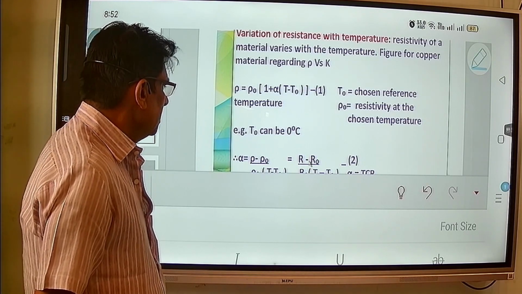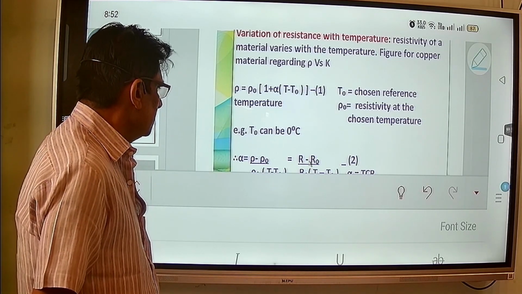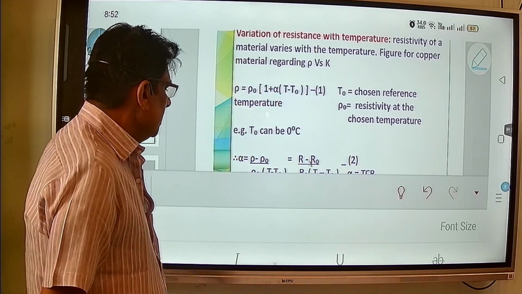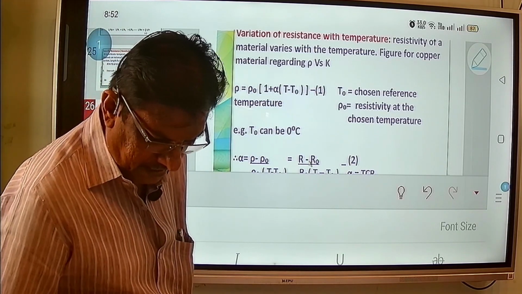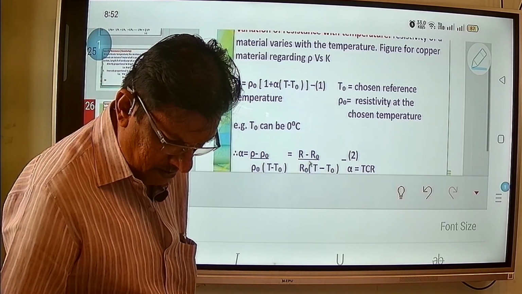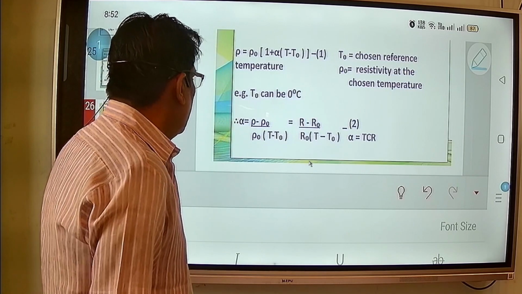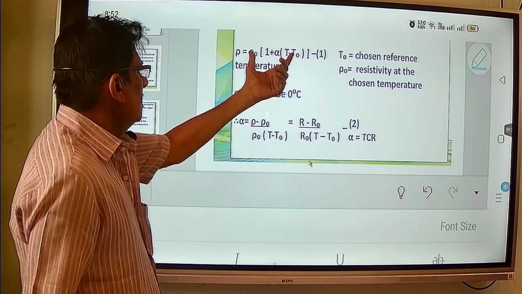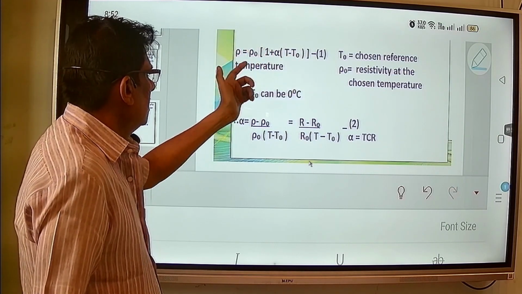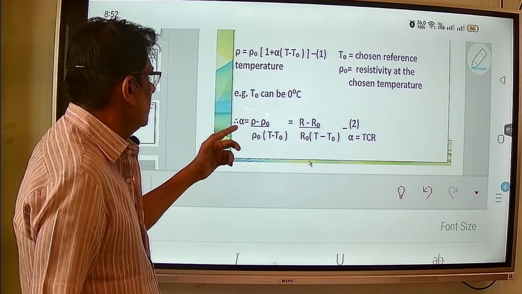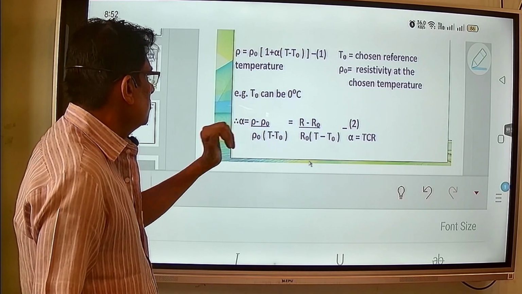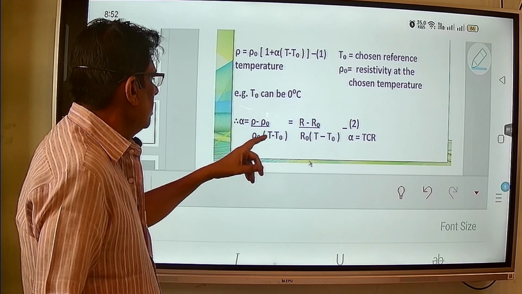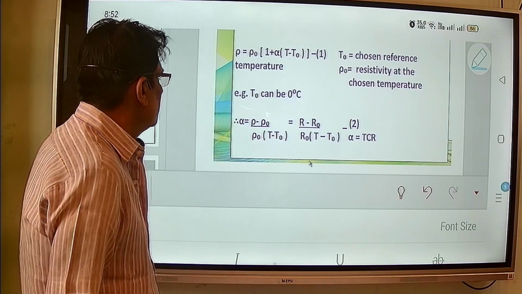When the temperature is 0 degrees Celsius, if we rearrange equation number 1, alpha comes out to be (rho minus rho 0) upon rho 0 into (T minus T0).